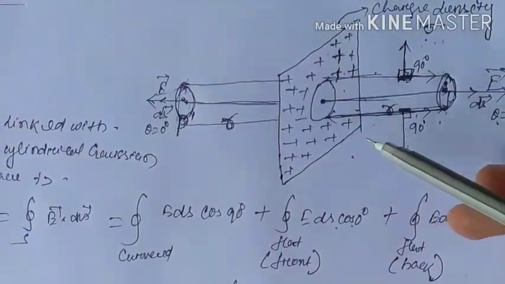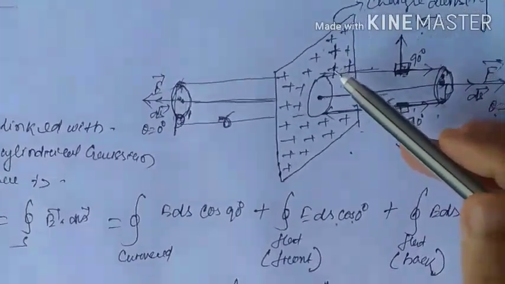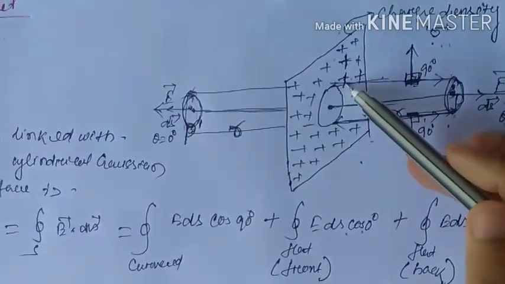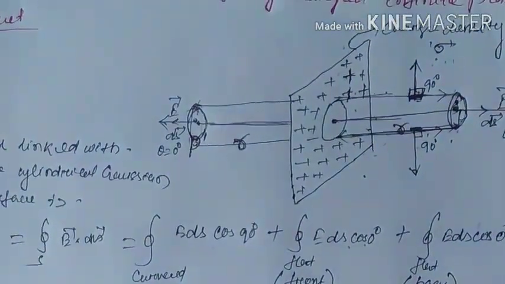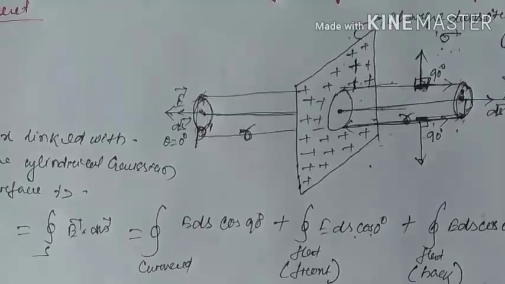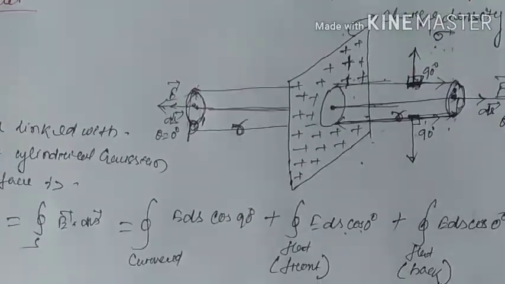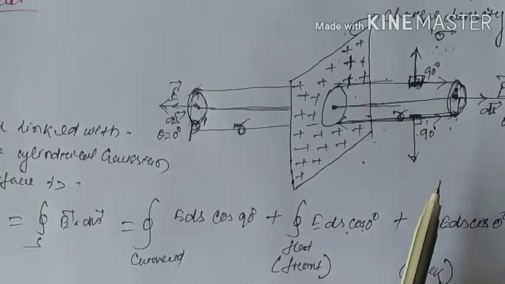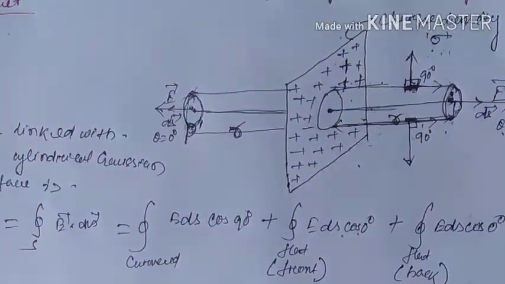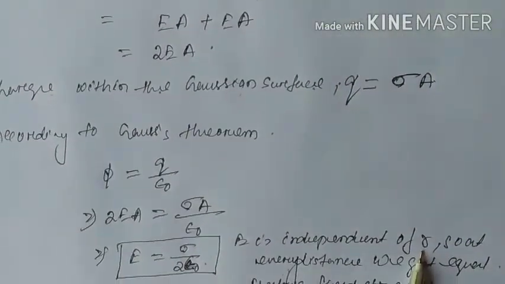If it is not infinitely long, then we can observe the curling effect. But also one point may confuse you. We know as the distance is more, the electric field becomes weaker. But here we are getting that even if the distance is more, the electric field remains constant because it is independent of r.